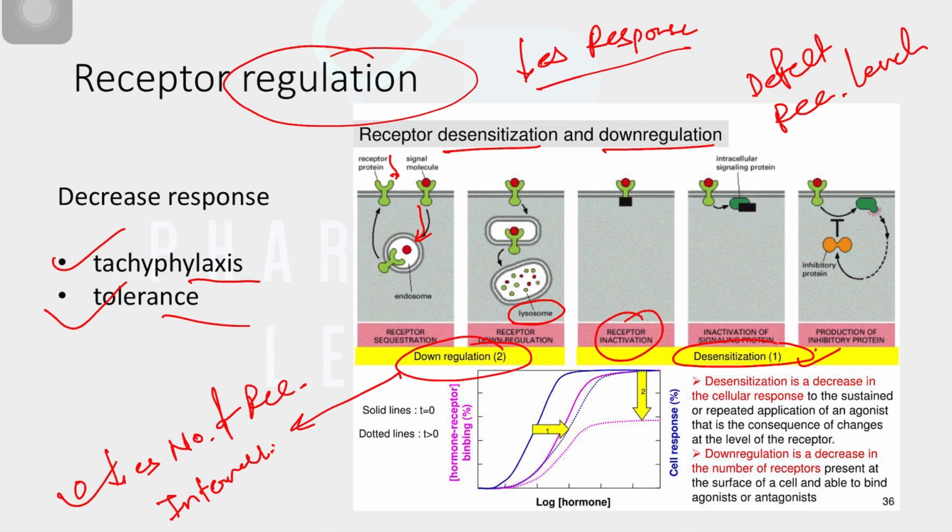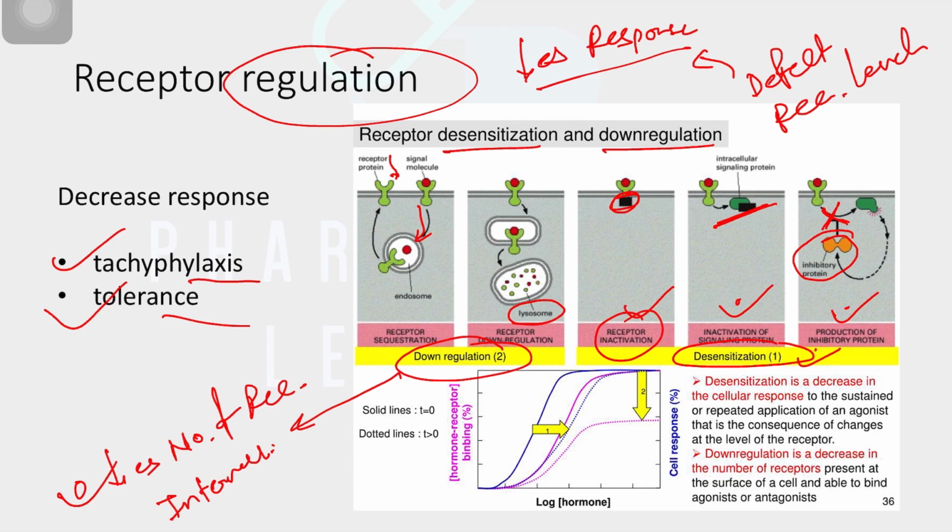This defect may be receptor inactivation, where the receptor gets inactivated, or there is faulty signal processing, or there is some inhibitory protein formation which interferes with the signal processing. So any defect at this receptor level due to inactivation, or because of any faulty signaling protein or inhibitory protein formation, there is a decrease in the response, and that is known as desensitization.